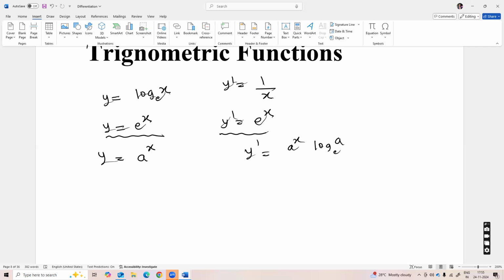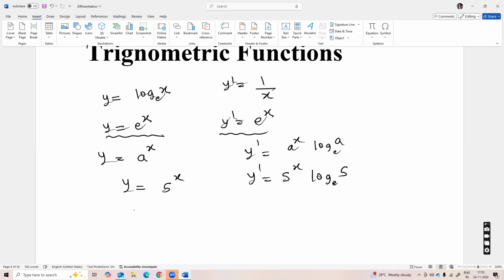Here a can be any constant. Like if you have y is equal to 5 to the power x, then its derivative y dash is given as 5 to the power x log 5.